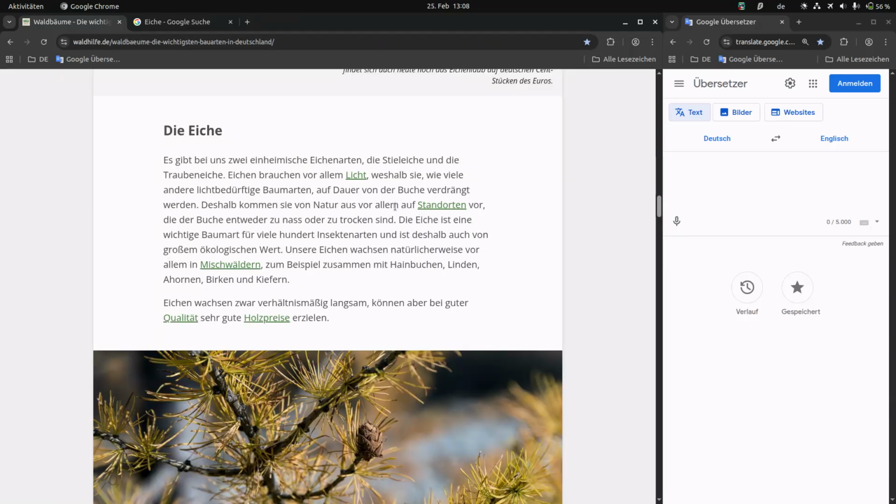Then you can learn more about it if you're interested or don't understand it. And we're going to move on with the next sentence.